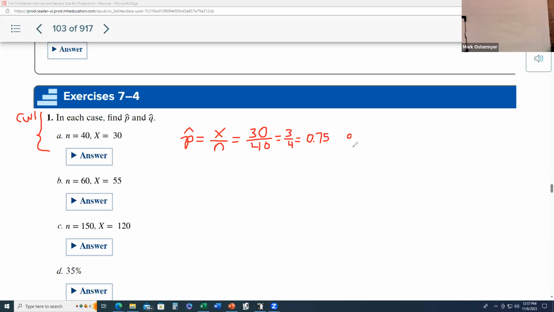And therefore q hat, always being equal to 1 minus p hat, is going to be 0.25. Any questions how we got that there? That's your answer there. All right, that's classwork number 1.